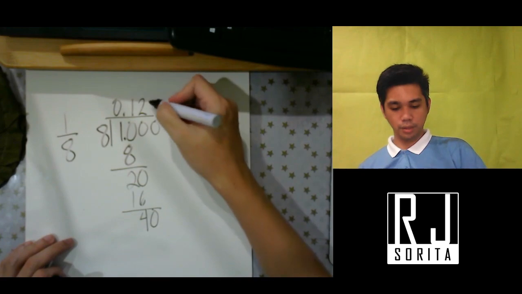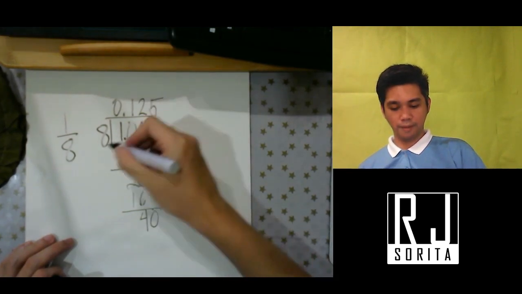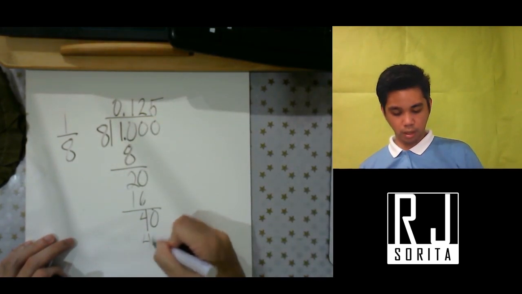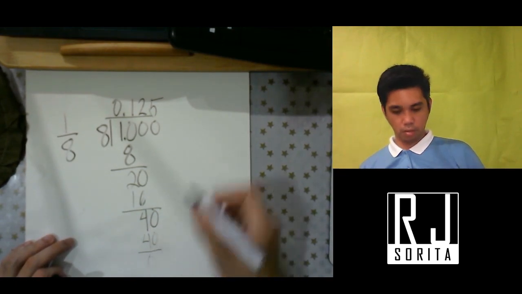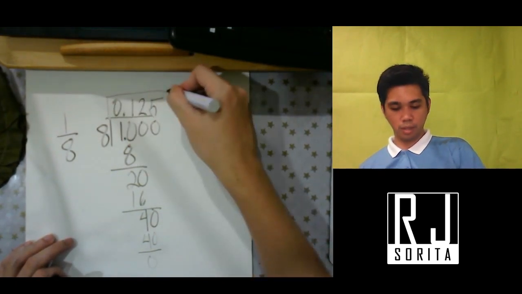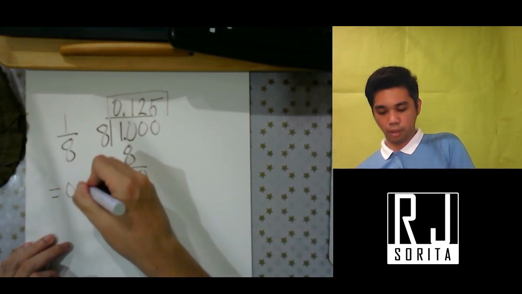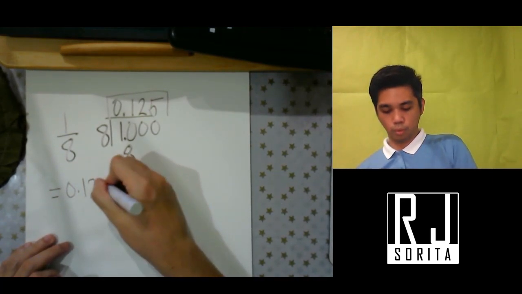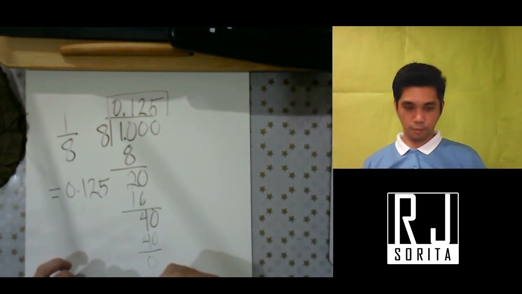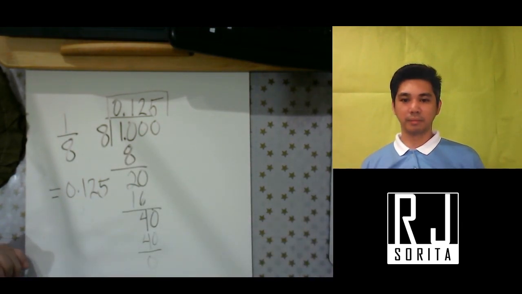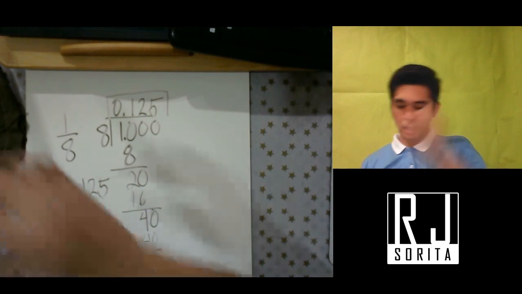This one is 5. 5 times 8 is 40. And we get 0. So the final answer is this one. 1/8 is also equivalent to 0.125.